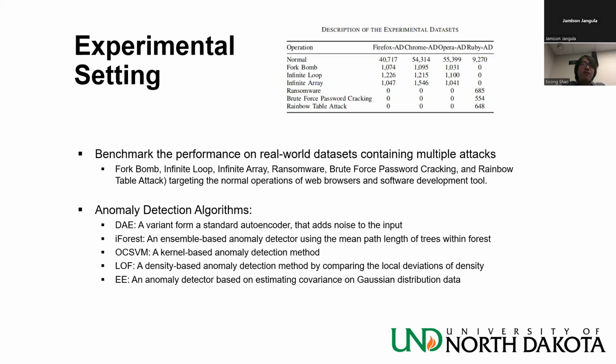The difference between the DAE, denoising autoencoder, and the standard autoencoder is that we add some noise into your training data, but the goal is still to reconstruct your original input.